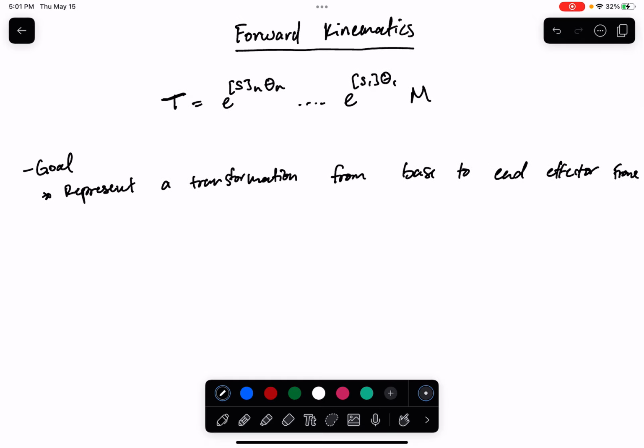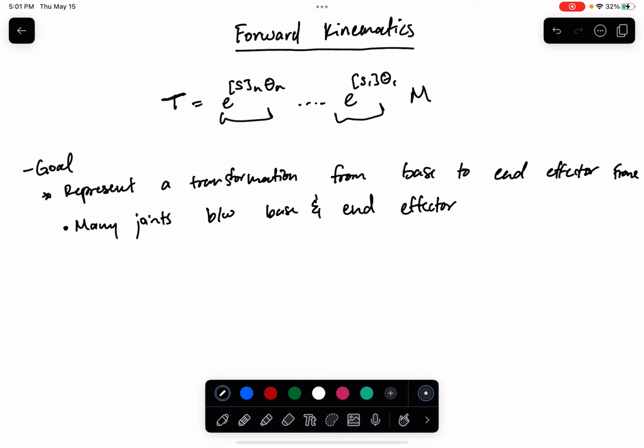And between our base and end effector, we usually have many joints. So each one of these terms represents a joint between our base and end effector, with S1 being the joint closest to the base and Sn being the joint closest to the end effector.